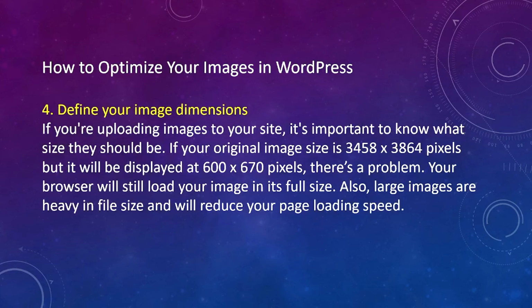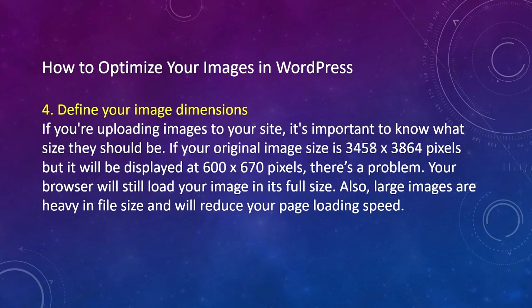So number 4, define your image dimensions. If you're uploading images to your site, it's important to know what size they should be. If your original image is 3,458 pixels by 3,864 pixels, which is way too big for a web page, but you're going to display it at 600 by 670, there's a problem.